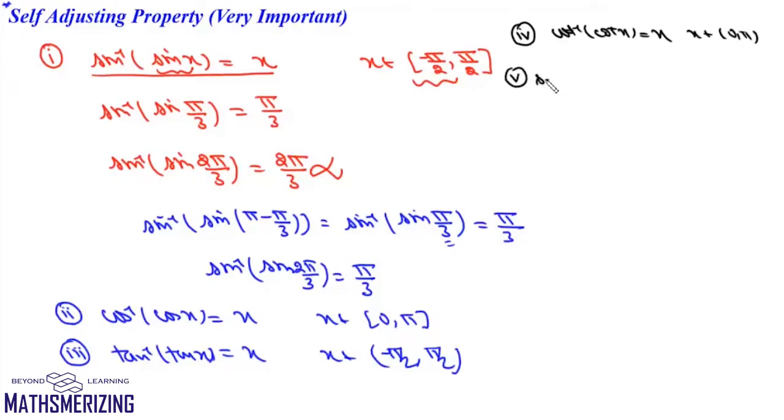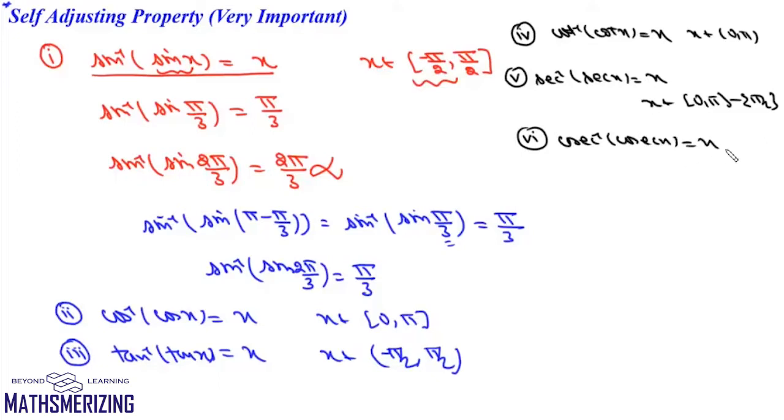Fifth one is secant inverse of secant x, it will be x when x lies between 0 to pi except pi by 2. And finally, cosec inverse of cosec x will be x when x belongs to minus pi by 2 to plus pi by 2 except 0.